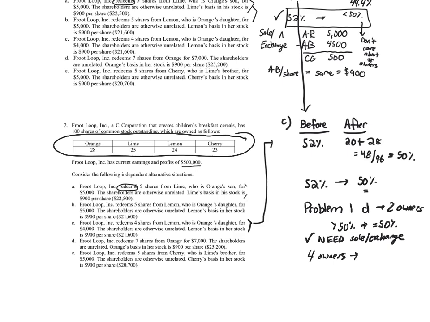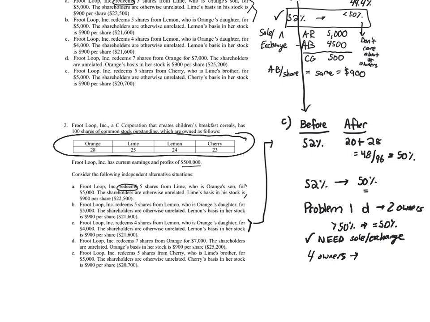But if somebody controls, let's say, orange and lemon before, together they have 52%. And they want to close down the brick and mortar store and go all online. Well, if they want that, then they get it because they have more than 50% ownership. And let's say that Lime wants to continue with brick and mortar and Cherry is on the fence.